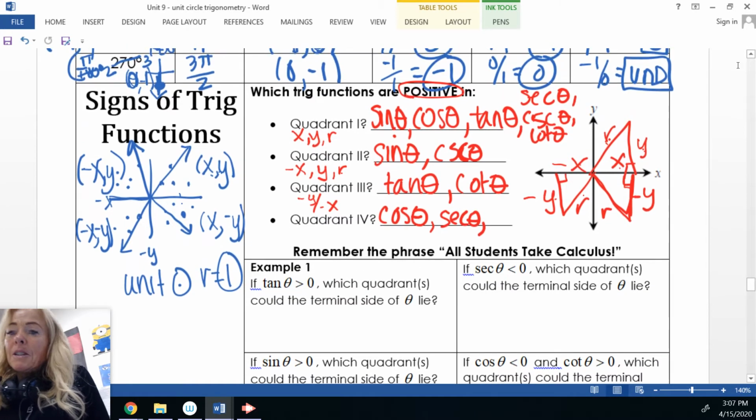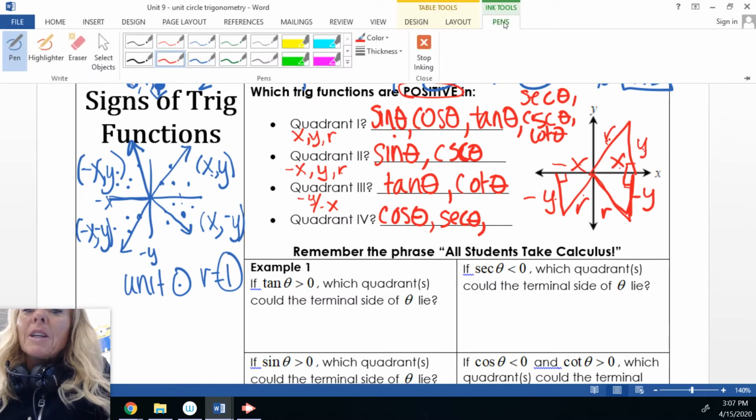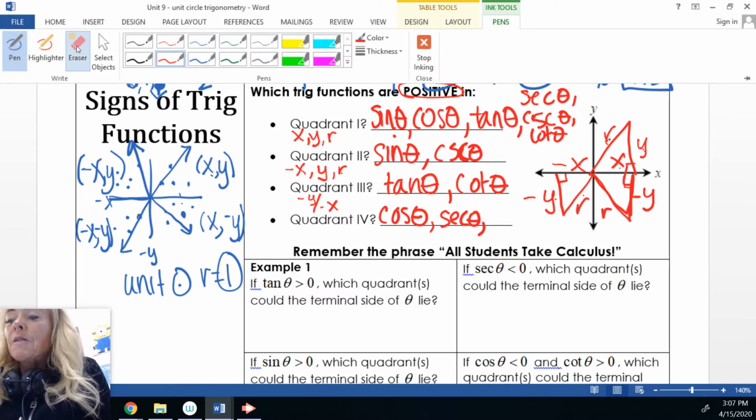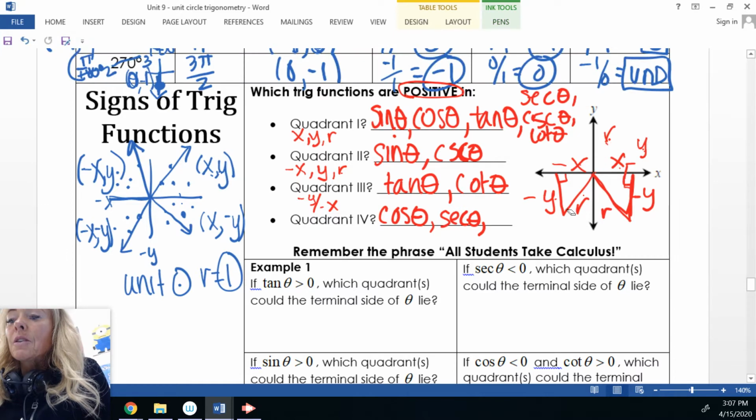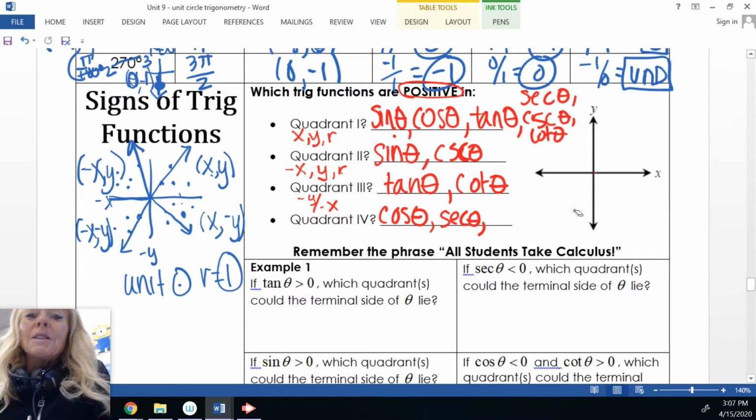So when we determine which of the functions are positive in which of the quadrants, we mark positive.